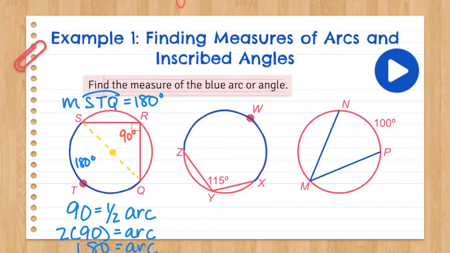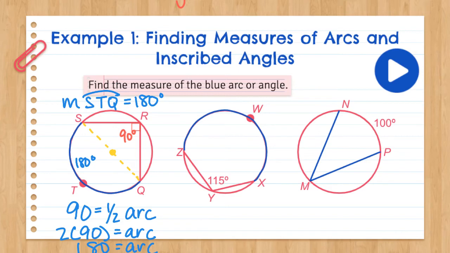So SQ would be the diameter of the circle because it's cutting the circle into 2 separate parts. Because a circle is 360 degrees, we know that this half here is 180, and this half here would also be 180. It's just pretty interesting. But that's just an extra piece of info.